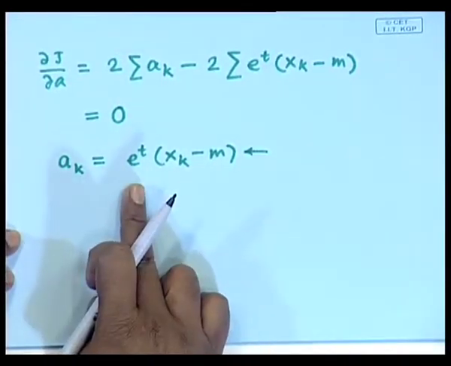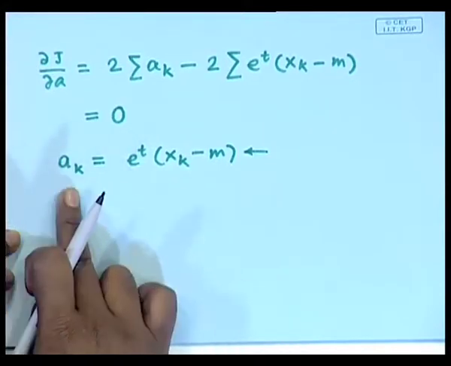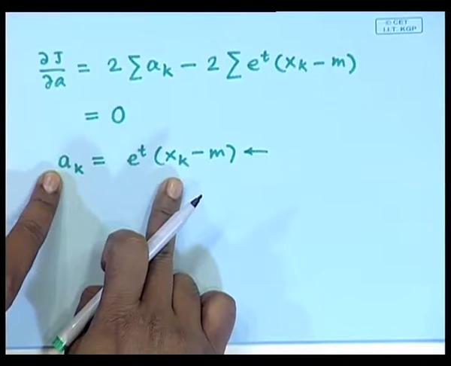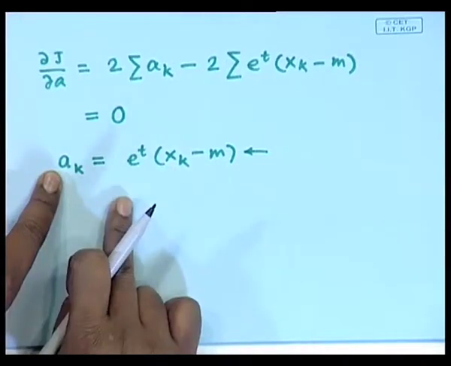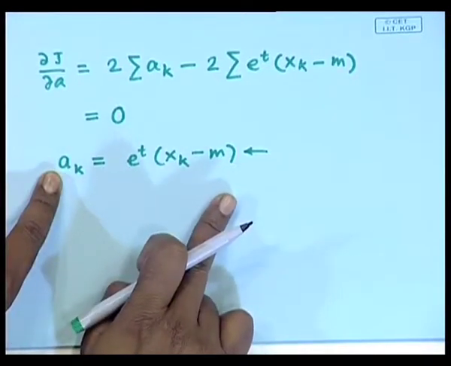E is a unit vector in the direction of the line, right. So, this simply says that a k is nothing but the orthogonal projection of x k onto a line in the direction of E passing through the mean m.